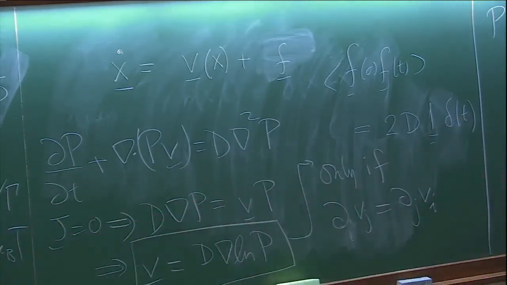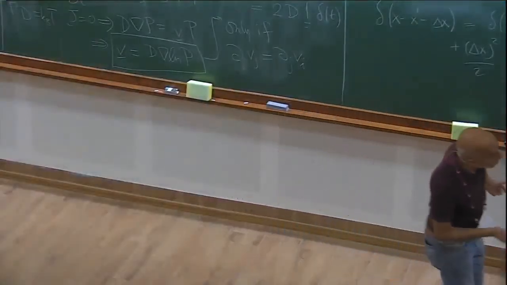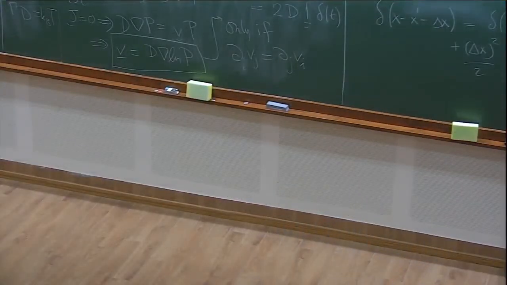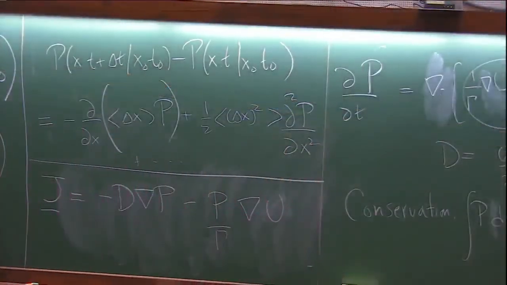This is my equation, I just walked past it. So unless v is curl-free, if v has a non-zero curl, then you can't do this, right? If you think of v as a drift velocity coming from a mobility times a force, unless that force is conservative, you can't do this, right?